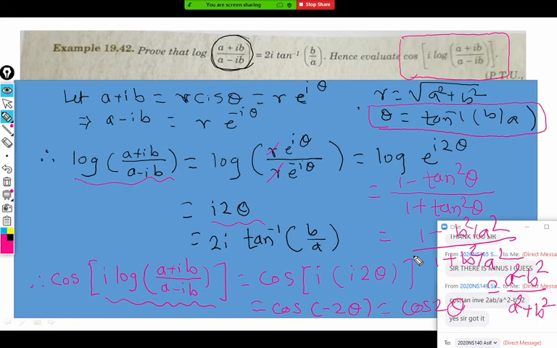Now we are left with two small questions after this. Yes, you can apply that, but multiple ways are there. Choice is yours.